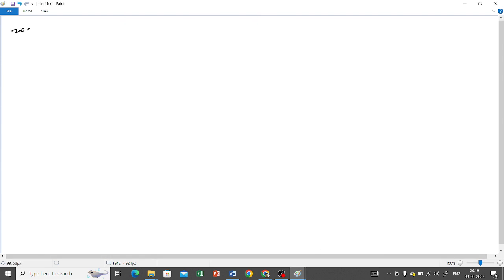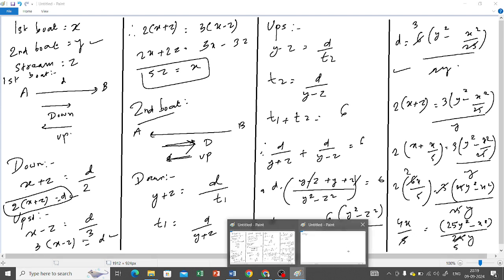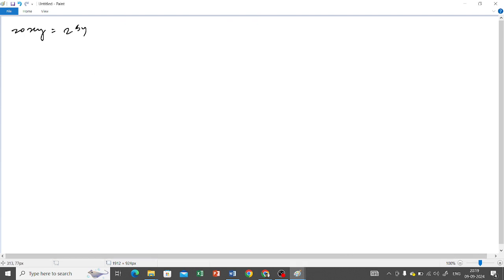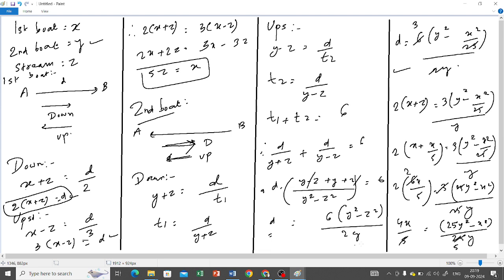So what we're getting is 20xy equals to 25 y square minus x square.